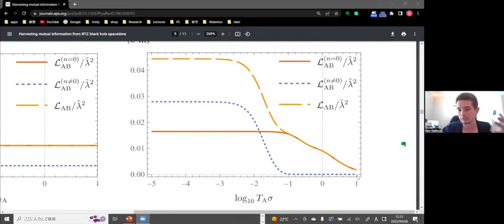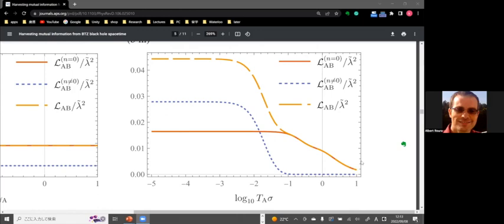If they're zero, that means the correlation gets killed, and orange is the sum of them. The Hawking radiation contribution dies very quickly, and after that, acceleration radiation gradually goes to zero. So in that sense, both radiations contribute to this death of mutual information.